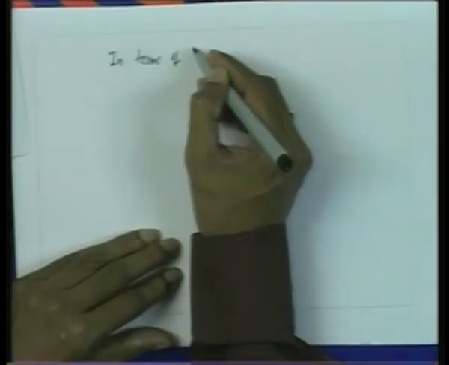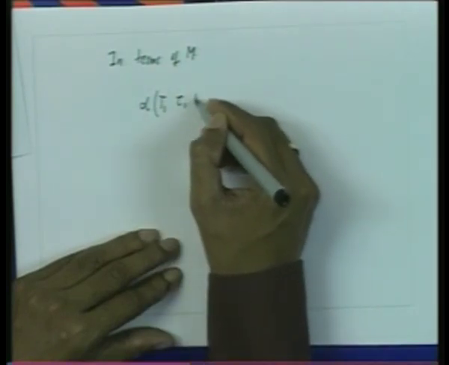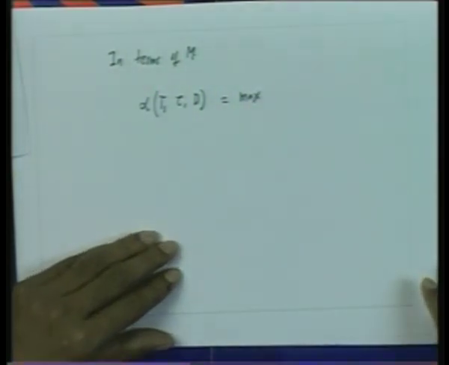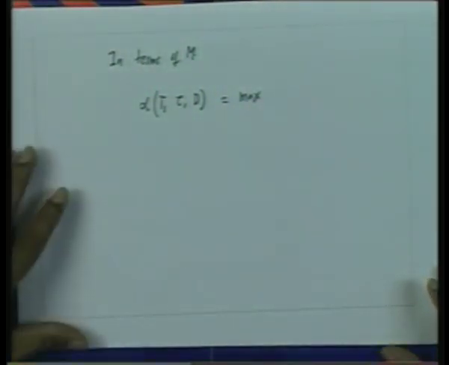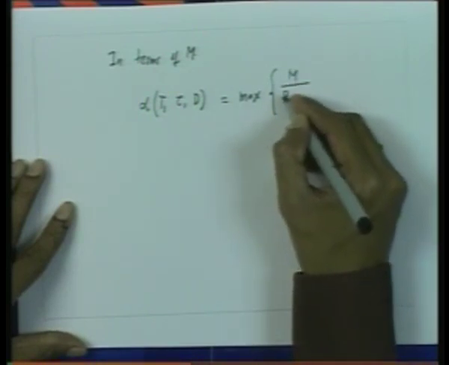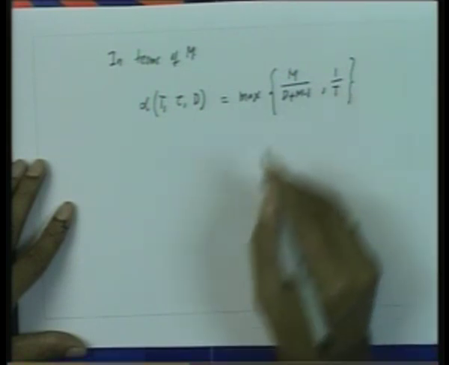In terms of M, I can rewrite this as alpha T, tau, D is given by the max of M upon (D plus M minus 1), and 1 by T.